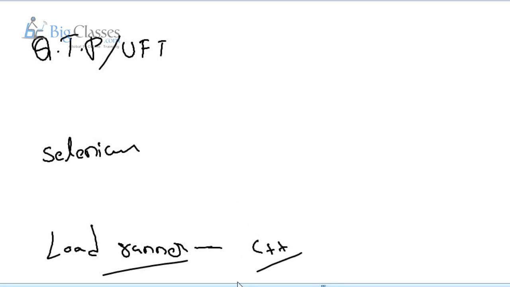Now let's discuss QTP and Selenium. QTP was developed by HP, a product costing somewhere around $10,000.